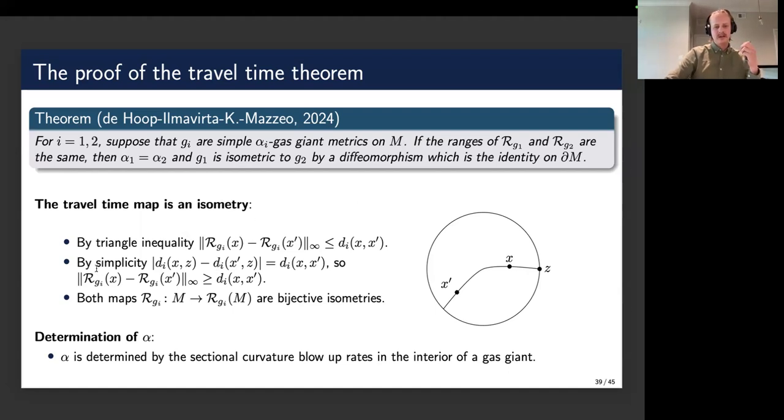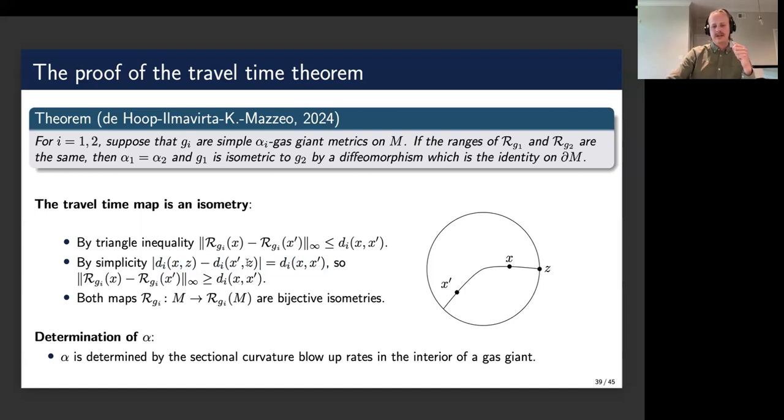Okay. And then by simplicity, you also get this kind of nice condition. So that if you have any 2 points here on your manifold, then there is a unique geodesic that connects these 2 points. And also you can extend it in a unique way to, let's say, some boundary point Z here.